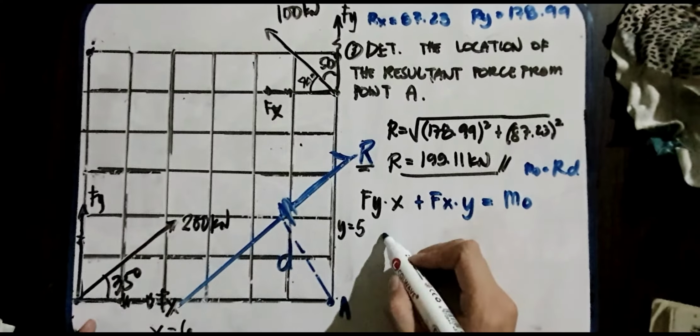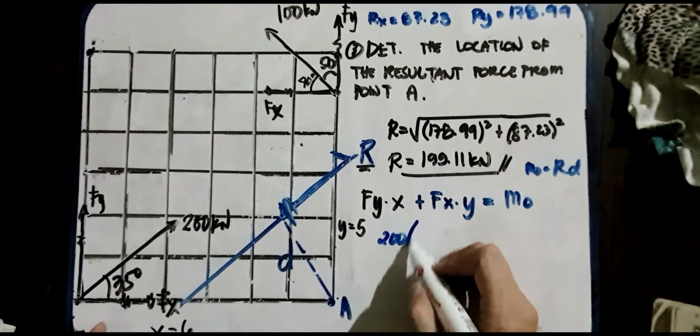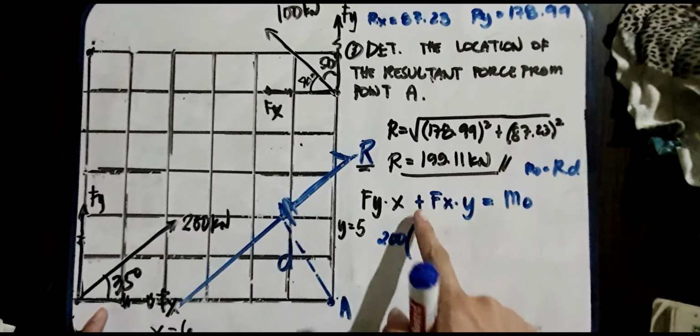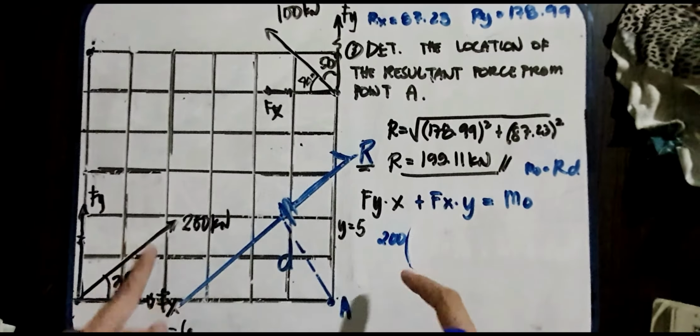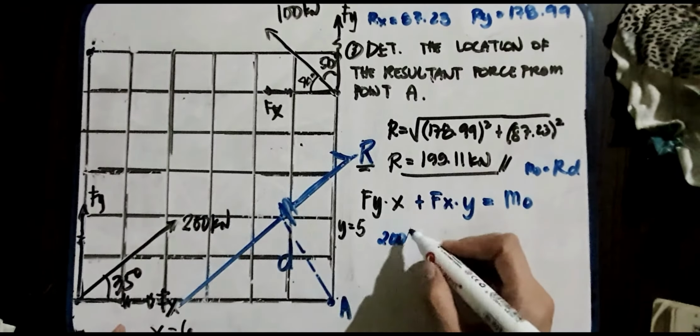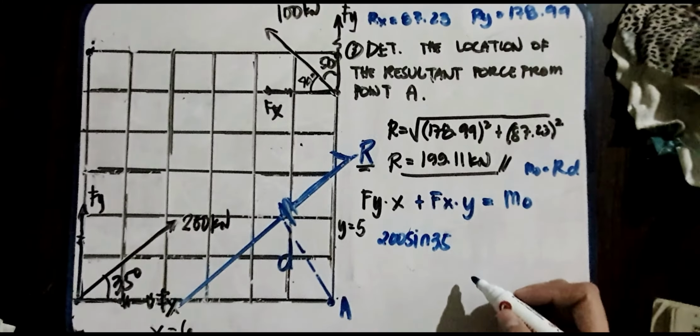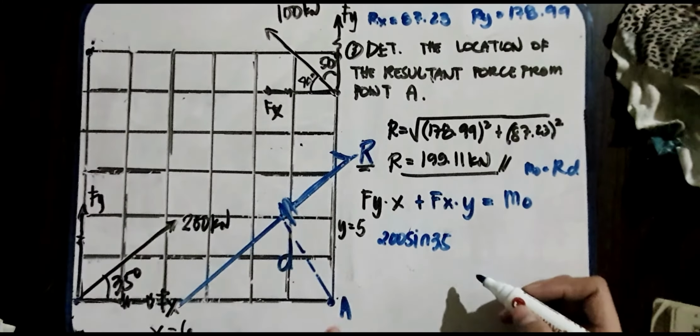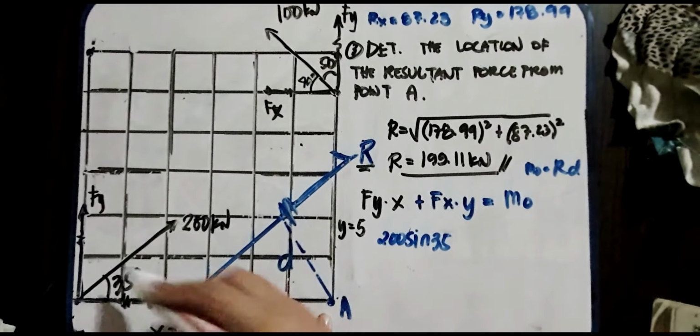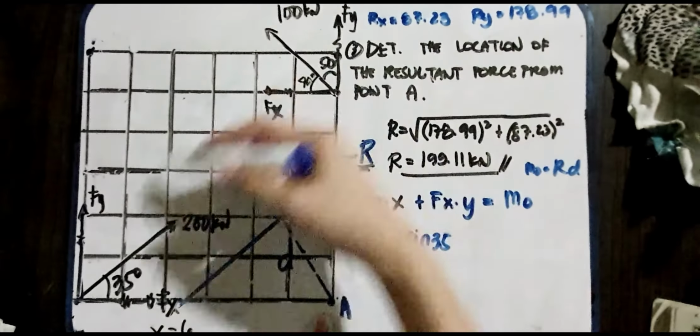We have 200 multiplied by, ano to, sine or cosine? So that is sine, diba? So wag na natin yan. So sine 35, okay? Next, we have here, so kung clockwise is positive, Fy is positive. How about this one? Fx is negative.